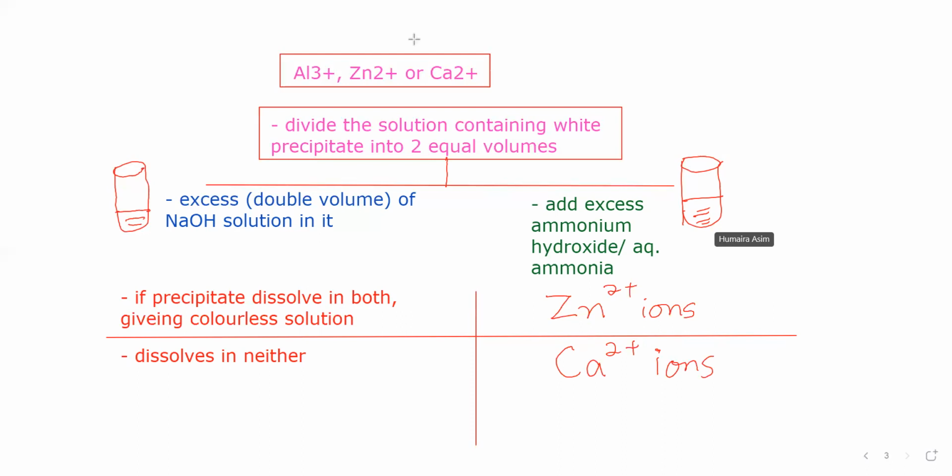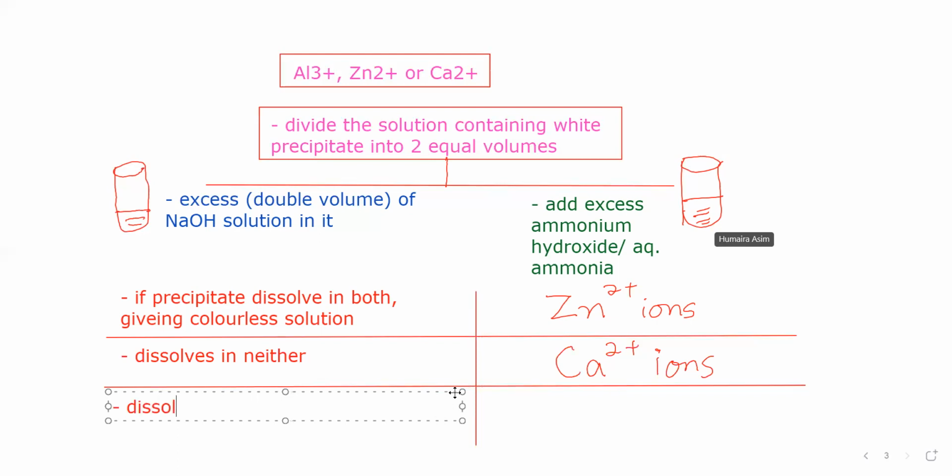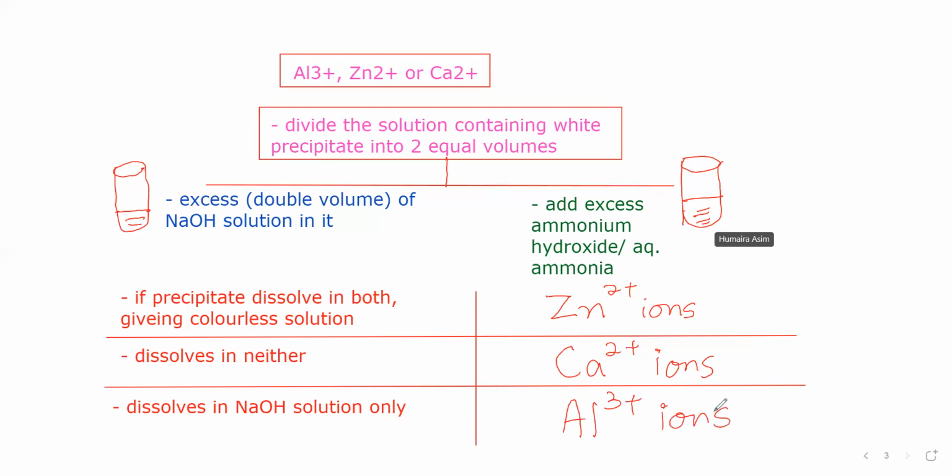Then we are left with aluminium. So what is it going to be? It dissolves in sodium hydroxide solution only. So you expect it to be aluminium, Al3 plus ions. Now we have the identification of all the ions.